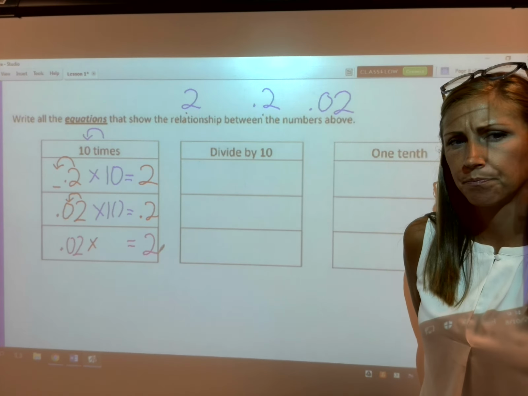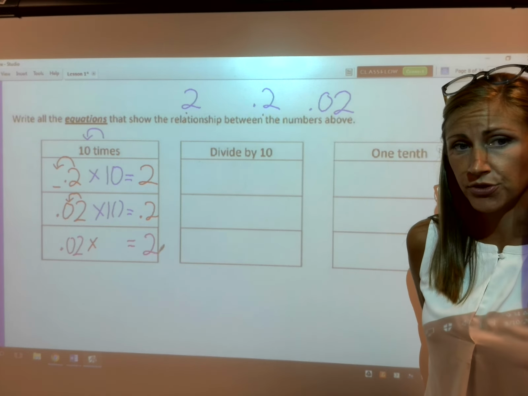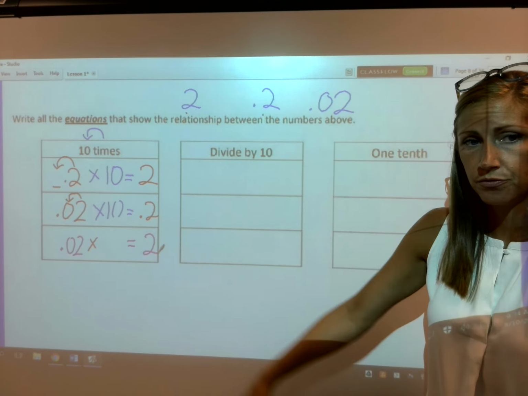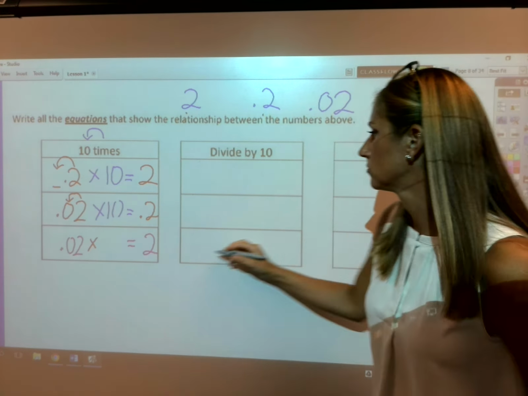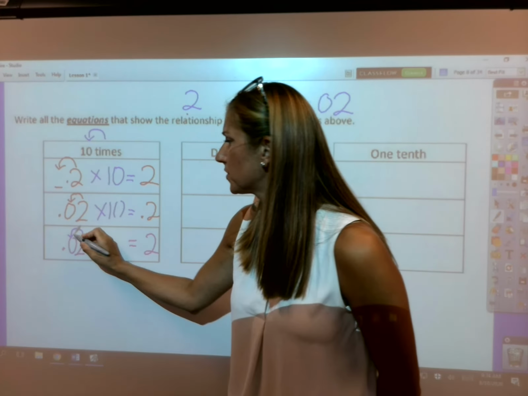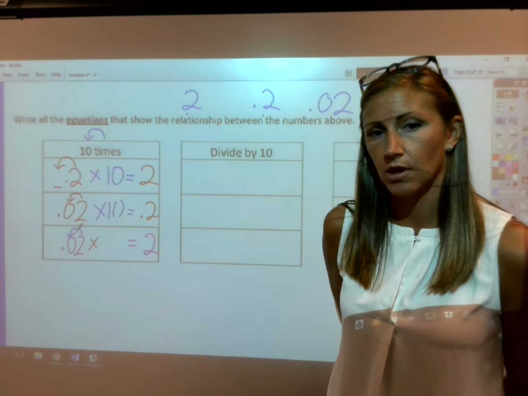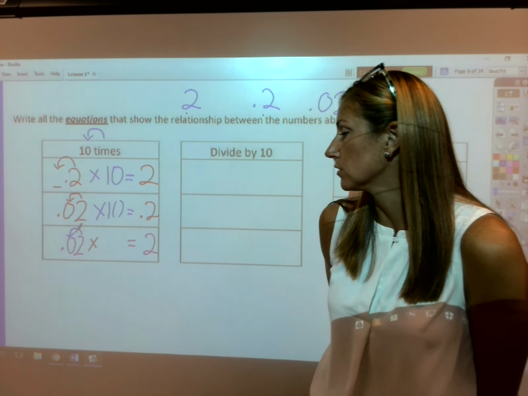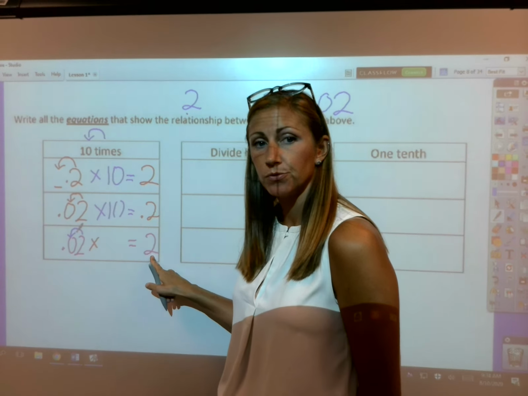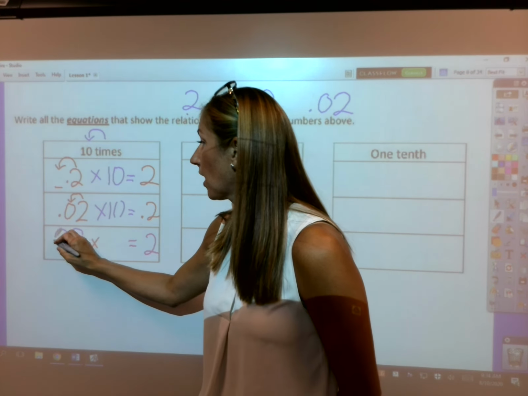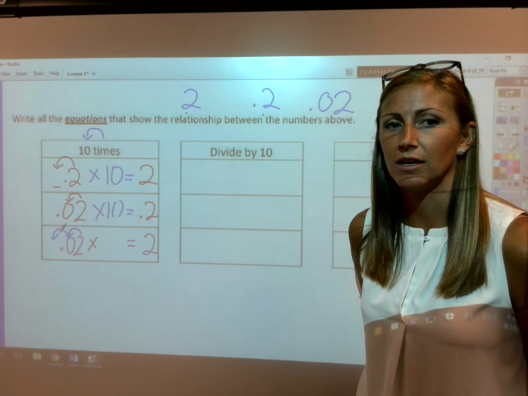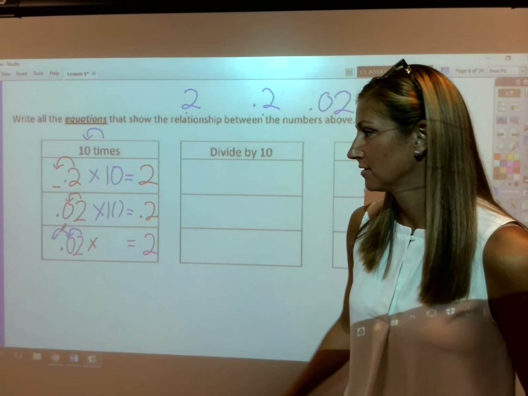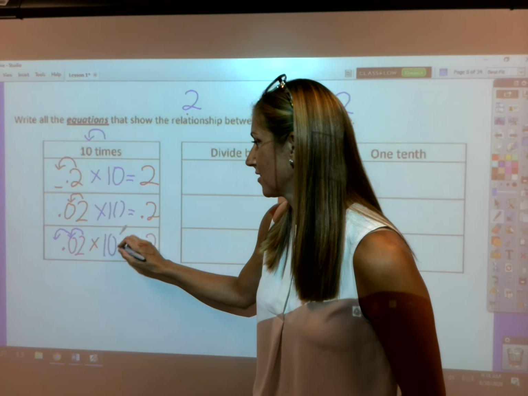What would that be? Can the 2 hundredths move to become 2? If it moves times 10, that would be 2 tenths still, not 2. Have to move again. That wouldn't be times 10, that would be times what? Times 100.